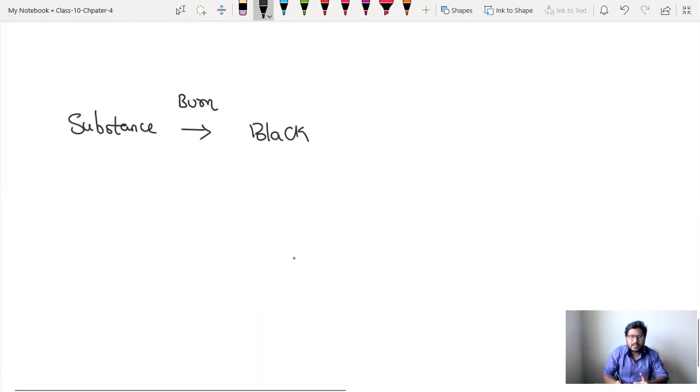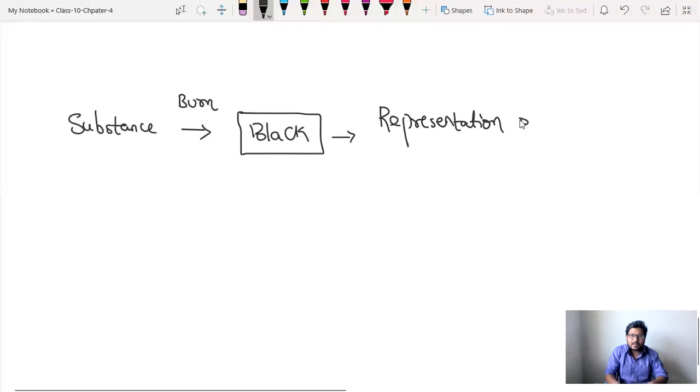If you burn that substance, it will become black in color. That is the representation of the presence of carbon.